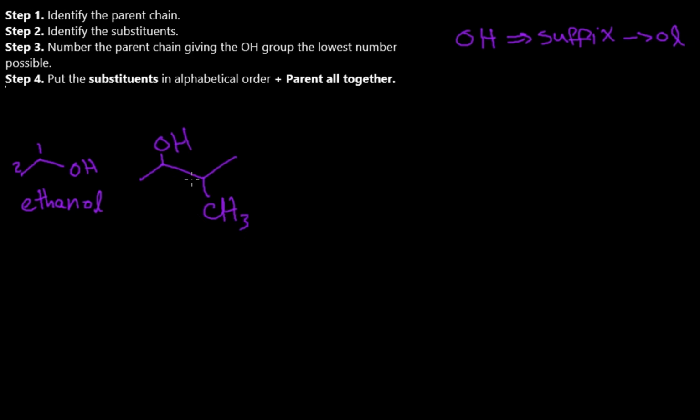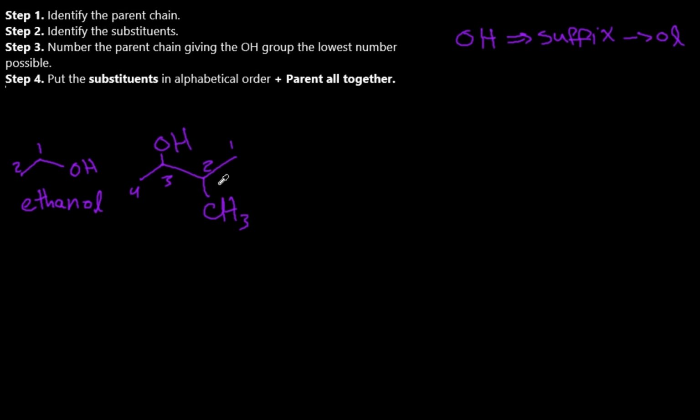Another example here, I can number from here, from the right, like 1, 2, 3, 4, or vice versa from here, 1, 2, 3, and 4, right? So which numbering is correct? The numbering where the OH group or the hydroxyl group takes the lowest numbering possible is preferred, or is correct, or is more correct, I should say.